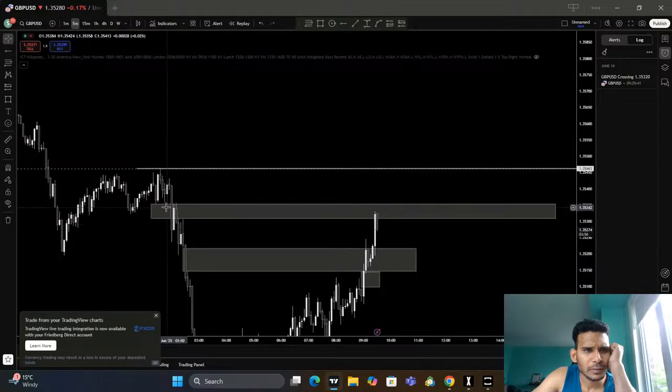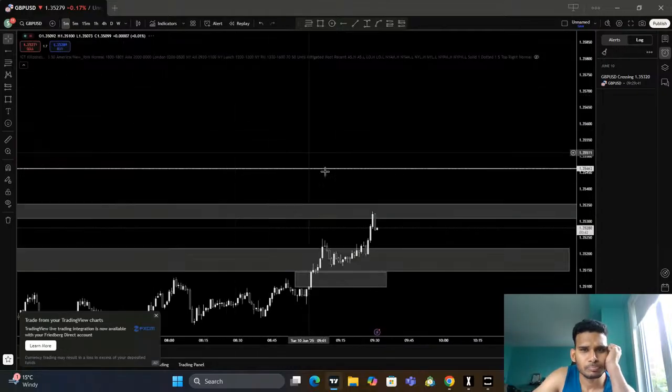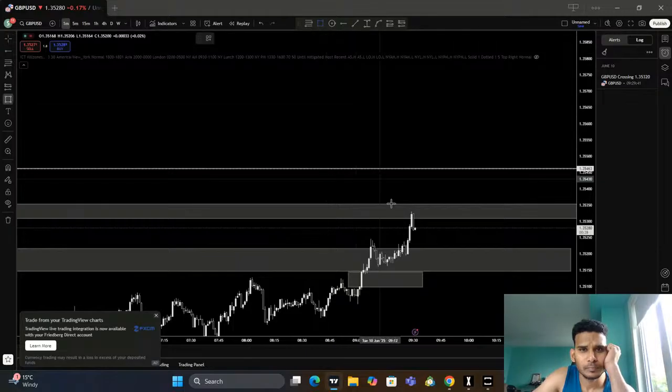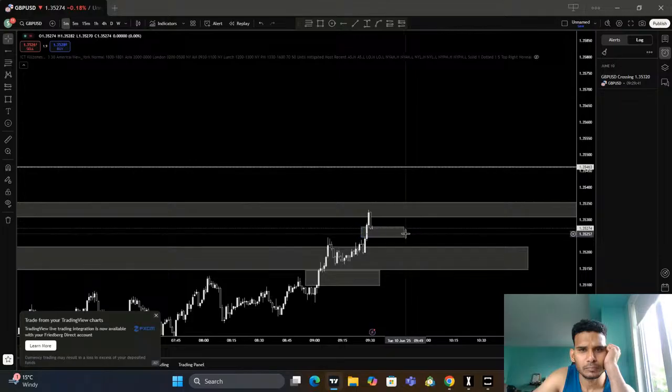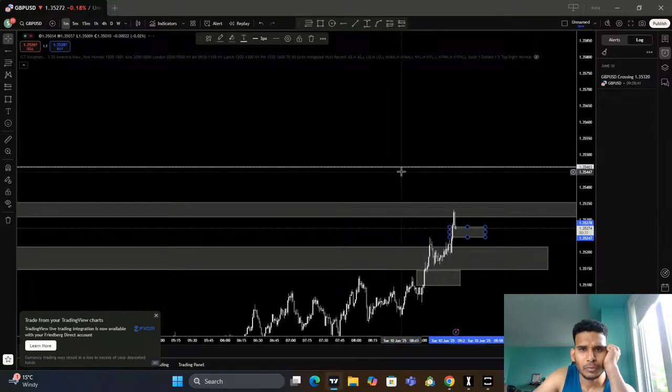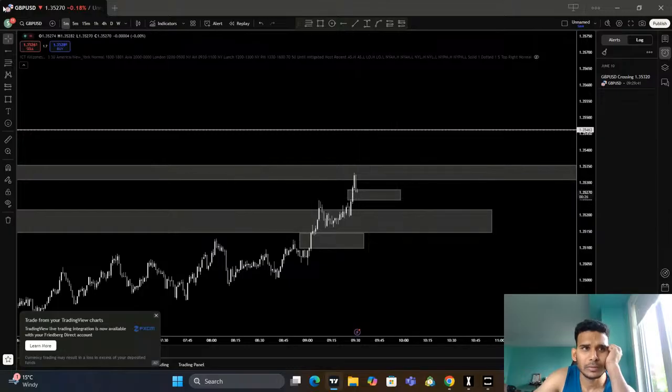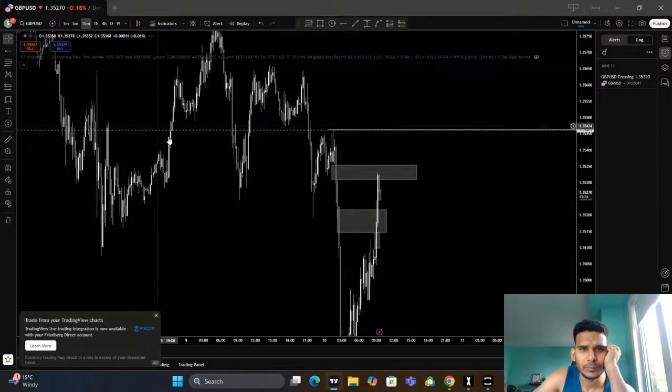It's kind of enjoying the liquidity at this point. I don't know if price will reach this point or just start to reverse its direction from here.